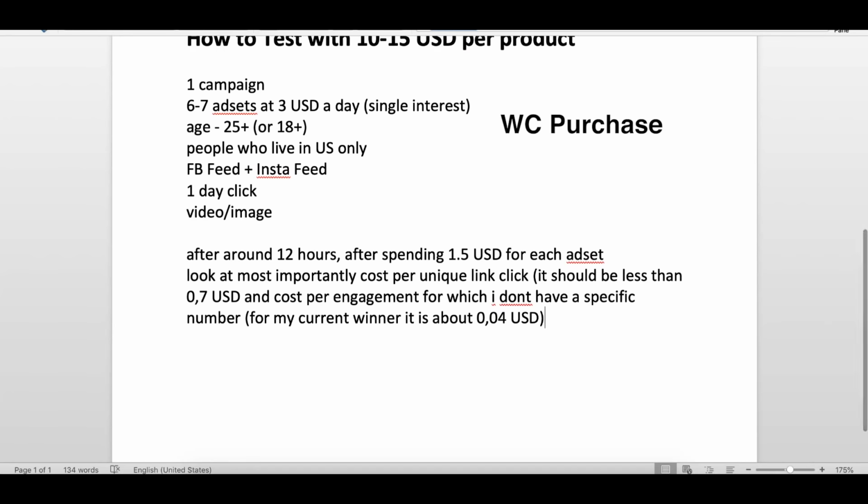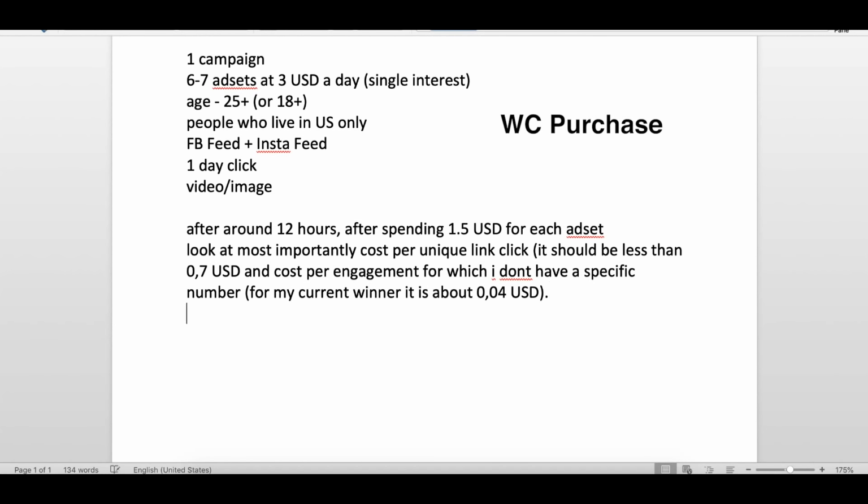I forgot to mention, but when you're testing a product, I always recommend at least $20 margin. So let's say the product cost is $10. The price should be $30. So always, the margin should be at least $20.